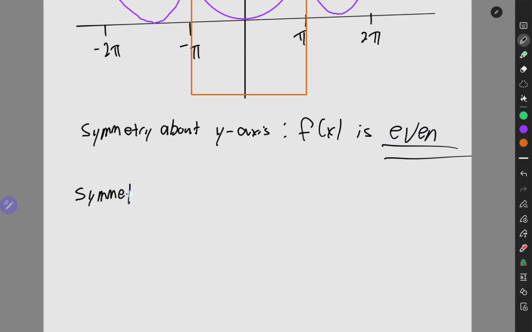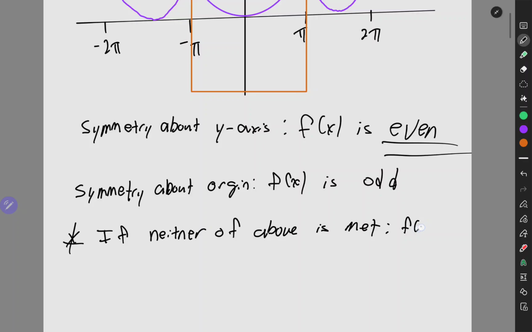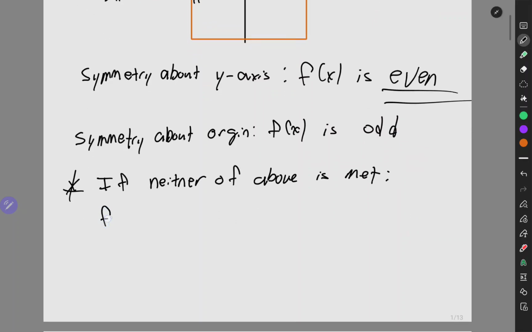Symmetry about the origin, f of x is odd. Let me do a little note. If neither of the above is met, f of x has no symmetry.